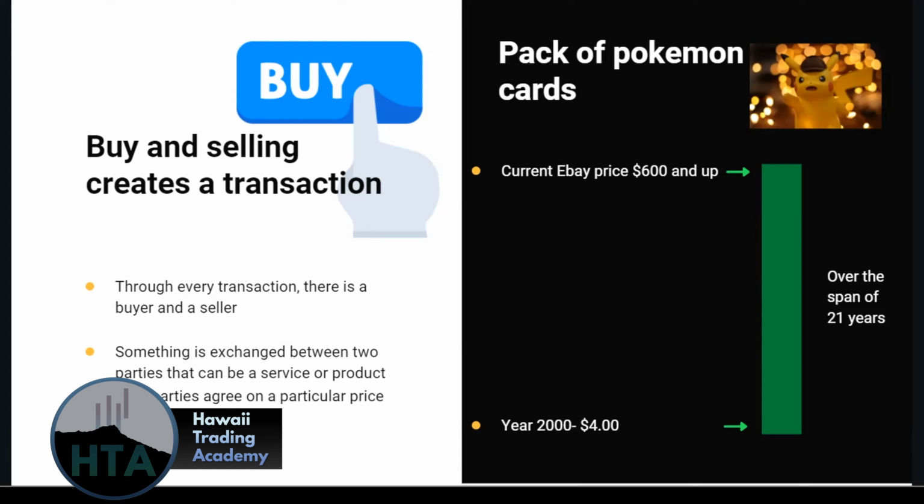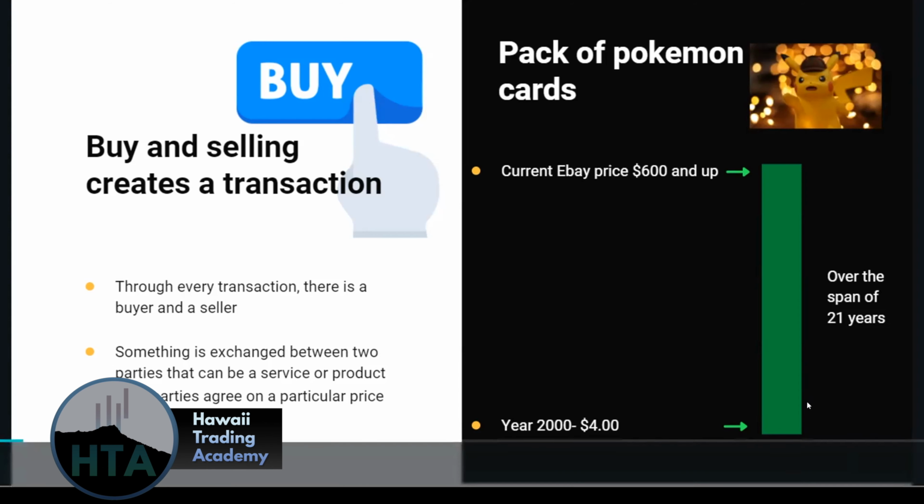So this green bar that you see represents the price action of the pack of Pokemon cards. It could be a commodity, it could be a currency, whatever it may be. For this particular example, we're using Pokemon cards. You can see at the bottom of the green bar, it started at $4. Now it's at 600, and it represents a span of 21 years.